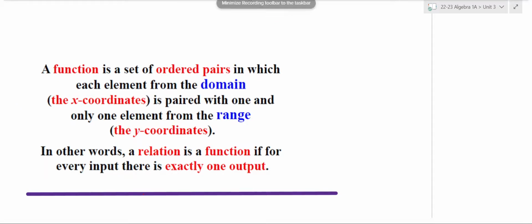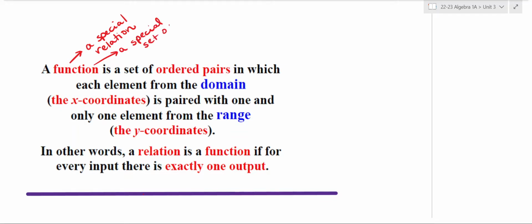A function is a special relationship. It's a special relation. How do I say this? A special set of points. I should call them ordered pairs, not points.